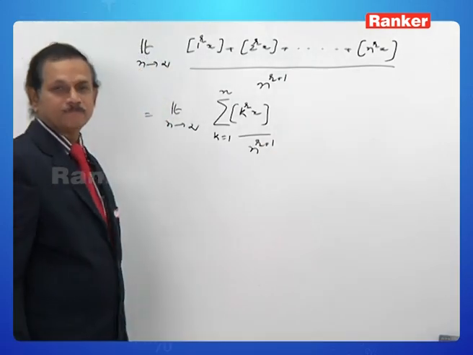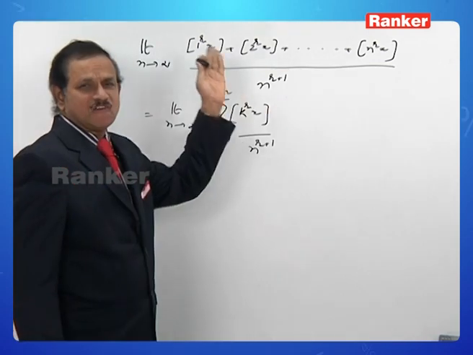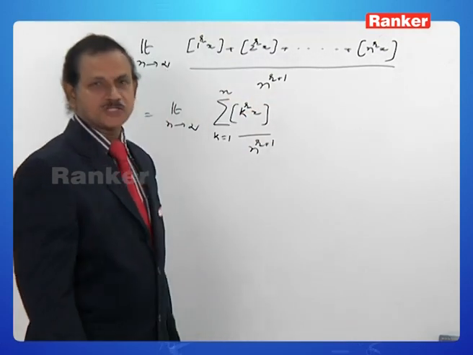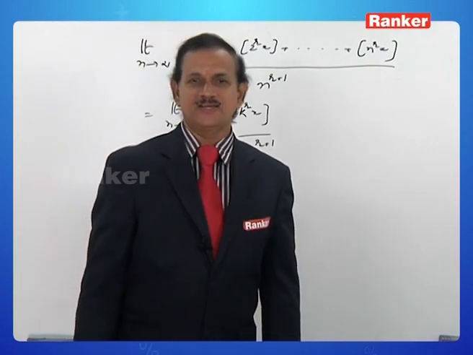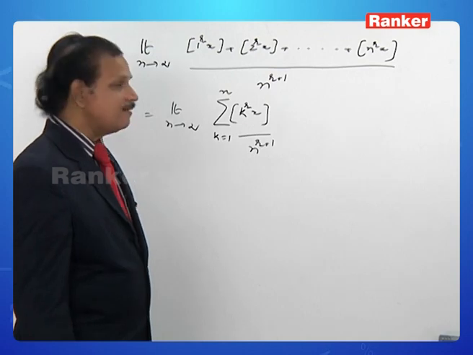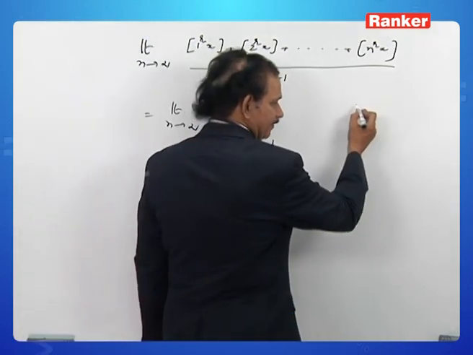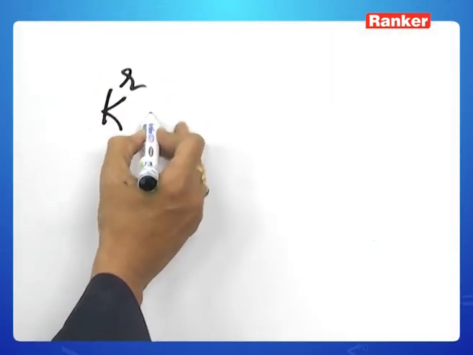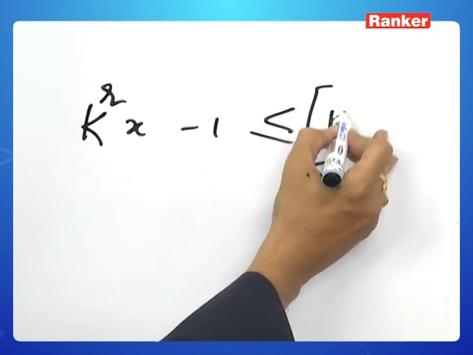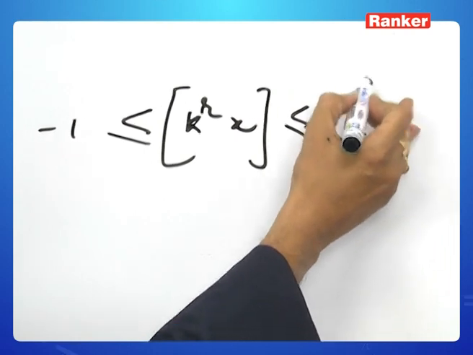Instead of having this lengthier sum, I have made use of the symbol of summation, sigma of the integral part of k power r into x, by n power r plus 1. Now, by the definition of integral part of a function, k power r into x minus 1 is less than or equal to the integral part of k power r into x, which is less than or equal to k power r into x.